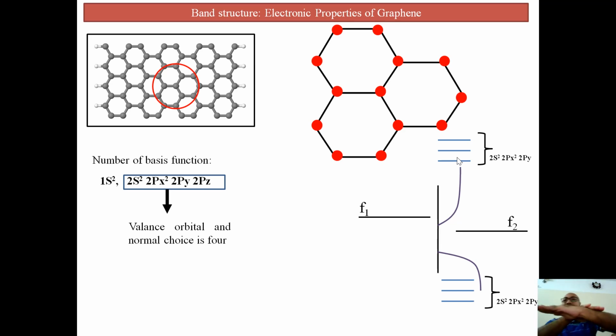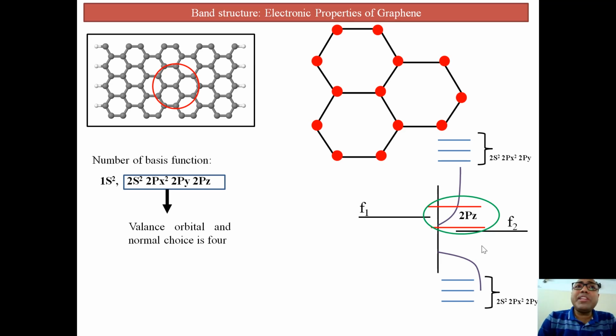Suppose you have an energy level, so it is actually symmetric. Something you will get up, something you will get down. So it's actually 2s, 2px there and 2s, 2px there, but it's far away. And the contribution of Pz is actually very close to F1 and F2.